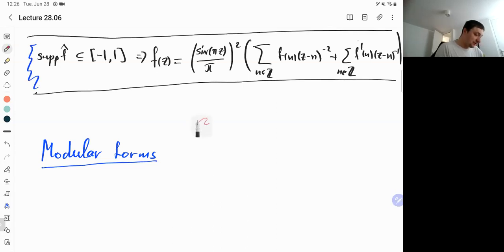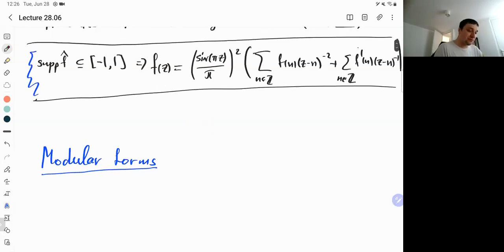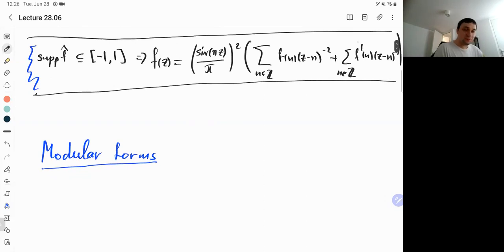The formula is saying that, with some additional regularity properties, roughly, if you have a function whose Fourier transform is supported in the interval from -1 to 1, then you can reconstruct it from the values of the function at integers and the values of the first derivative at integers.